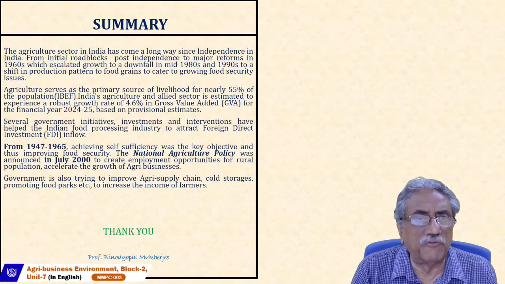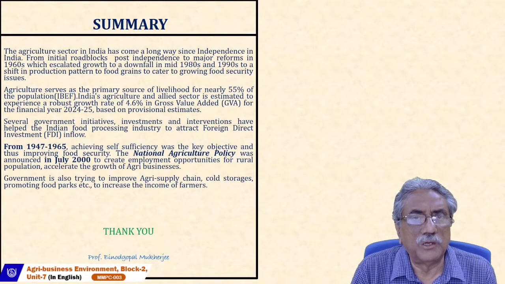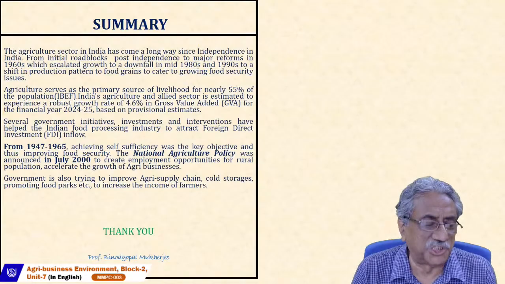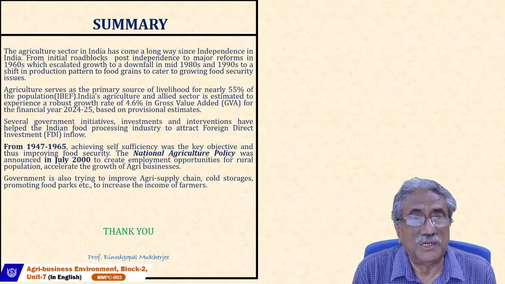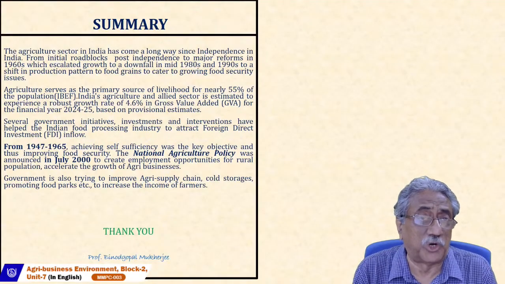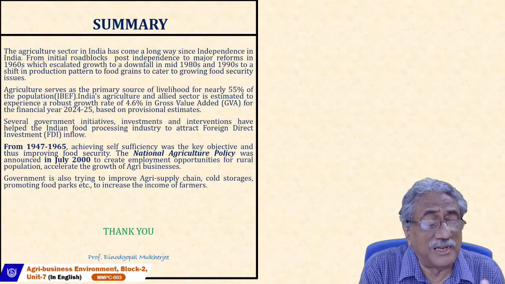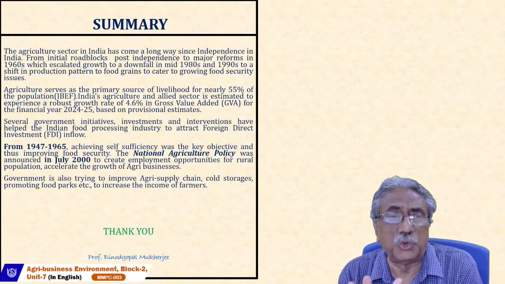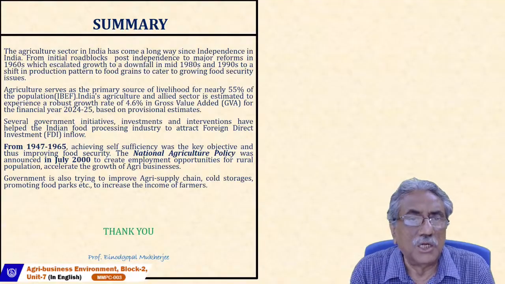During 24-25, nearly 55% of the population, as I told you, is in agriculture, and agriculture and allied sectors are estimated to experience a robust growth of 4.6%. You remember the national agricultural policy was aiming for 4% growth, but we have achieved and crossed that.